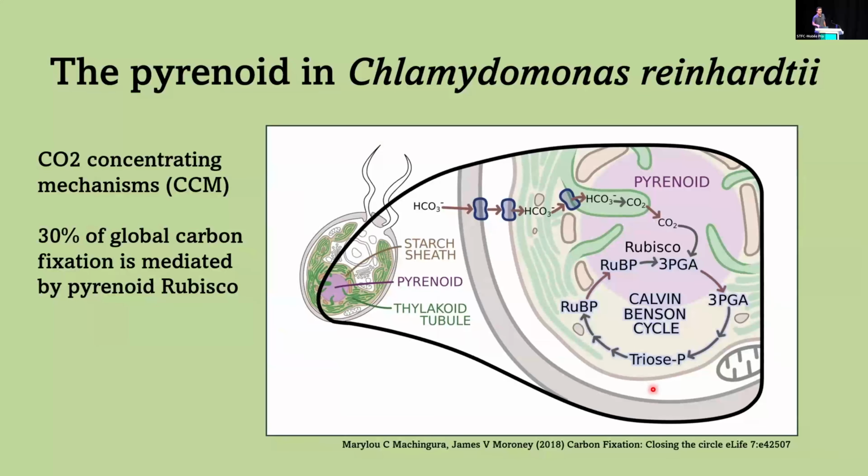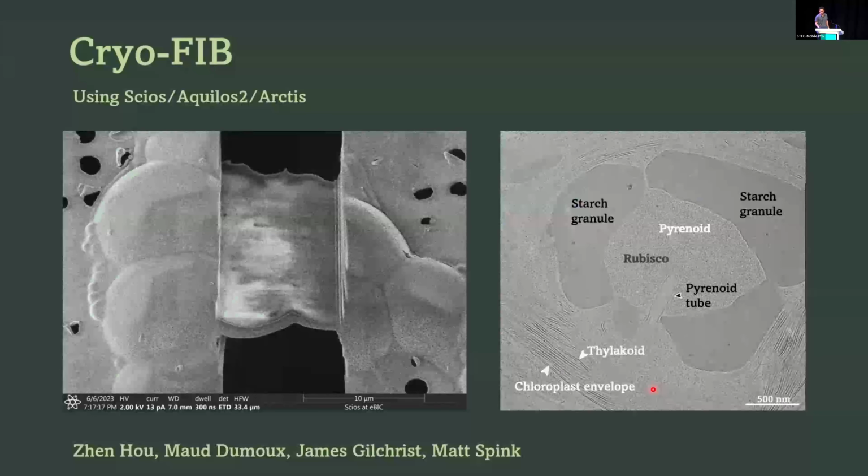It's called the pyrenoid. It's not membrane bound. It's just a condensate or phase separated organelle packed with rubisco, and CO2 is pumped in order to keep it running at full velocity. So the pyrenoid is a really important organelle, as 30% of global carbon fixation is mediated by the pyrenoid. So it's really worth investigating.